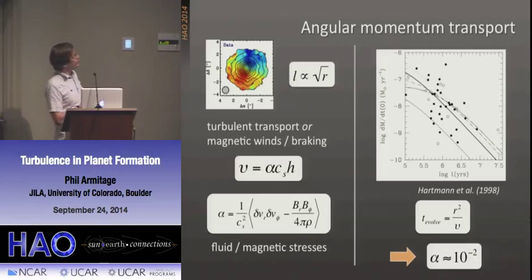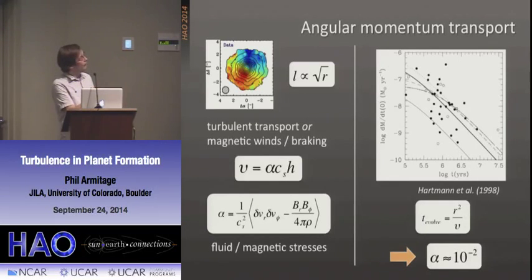What can you do observationally? Well, observationally, you can try to measure the accretion rate onto the star as a function of the age of the star for a whole bunch of stars in a young cluster. And here's a rather famous example of doing this, one of the early ones by Lee Hartman and collaborators. This is accretion rate in solar masses per year on a logarithmic scale. So these are low accretion rates here, quite high accretion rates here.